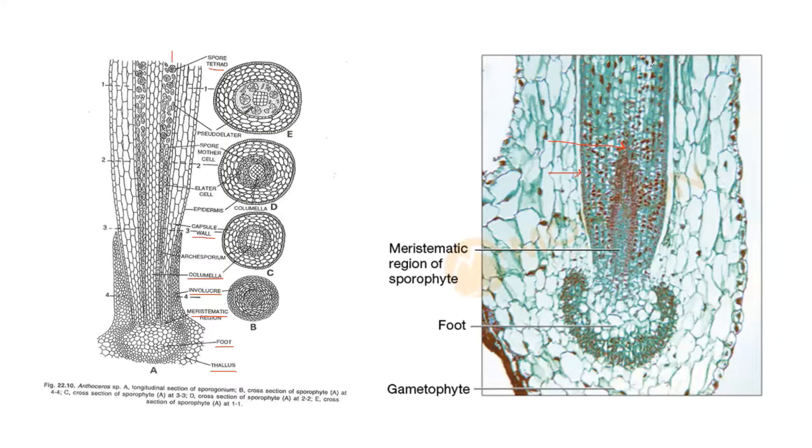That's all. There is nothing else. But here you get this dome-shaped structure due to the presence of the columella, the sterile region in the center. So it's a very characteristic feature of Anthoceros.